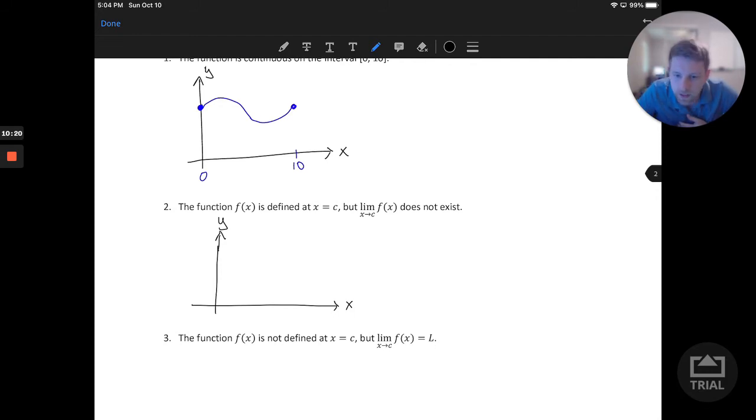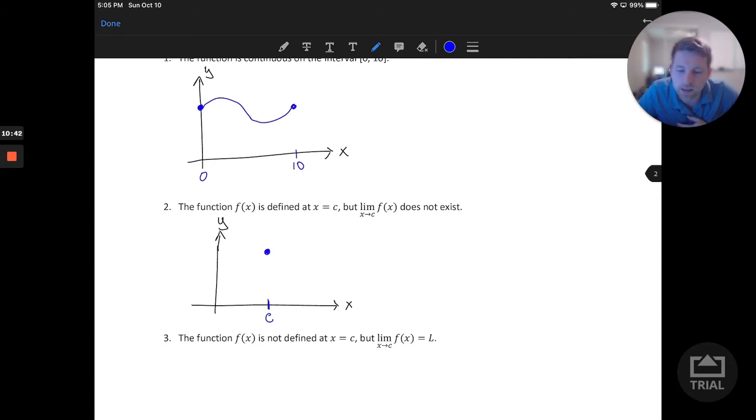So here we know we're defined at some point c, so let's mark some point c on our x-axis. We'll call this c. And we know the functional value exists, so we have some functional value somewhere on the graph defined at x equals c, but the limit does not exist.